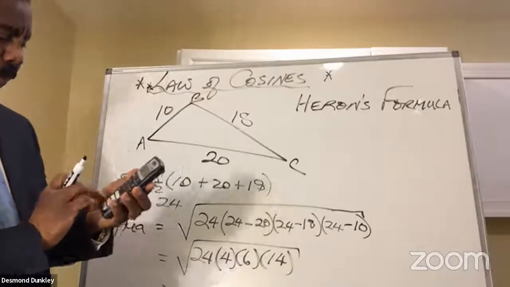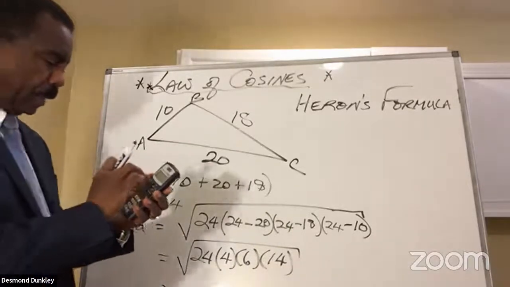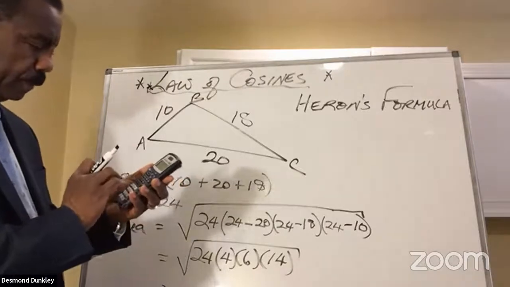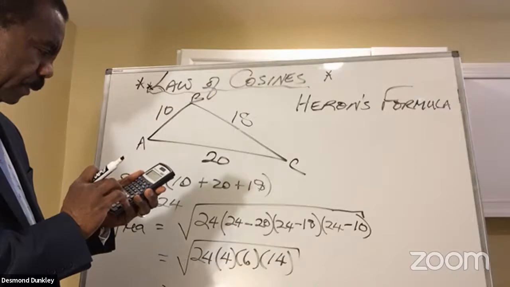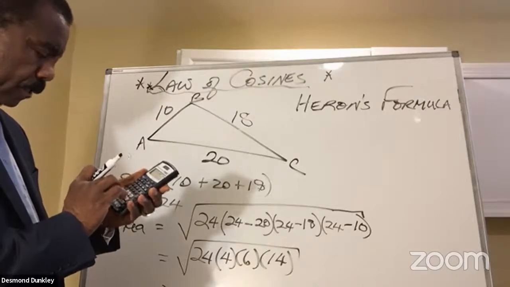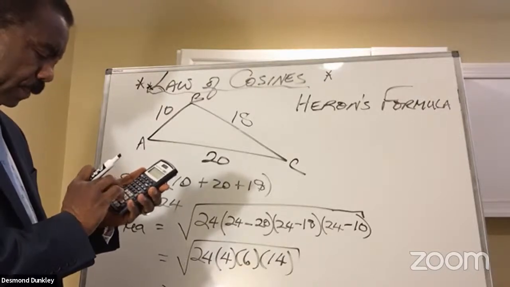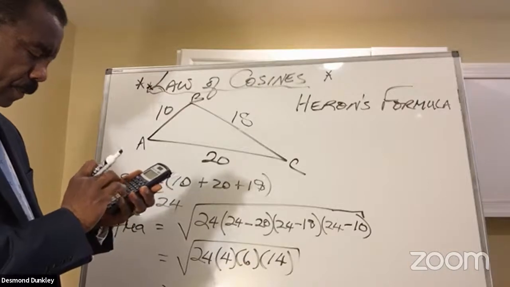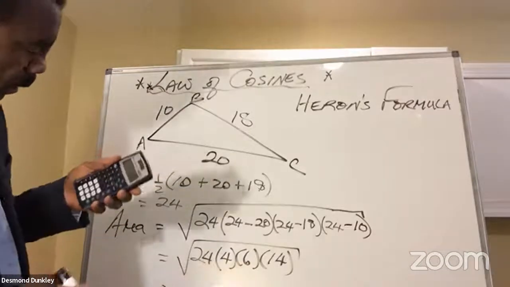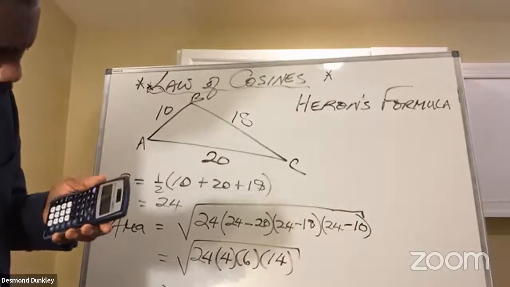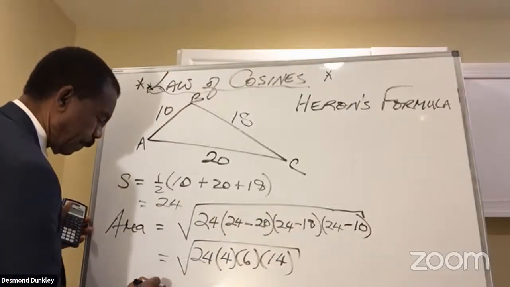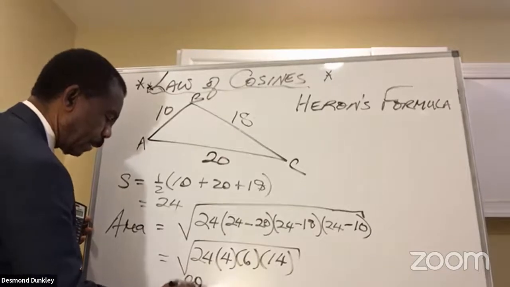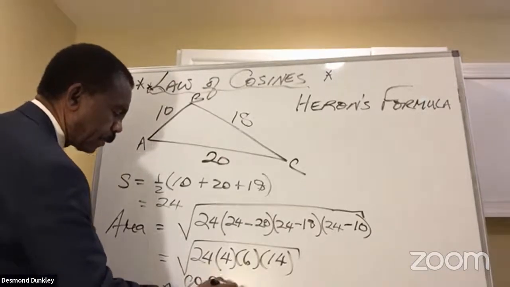So it's the square root of 24 times 4 times 6 times 14. And that works out to be approximately 89.8 squared.